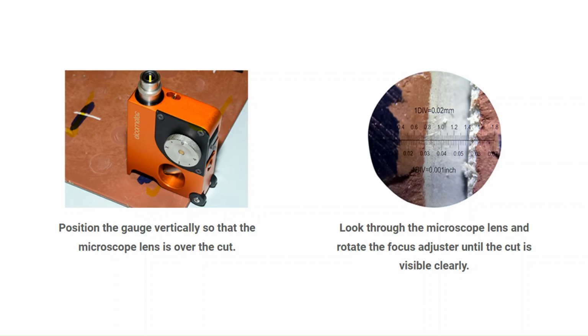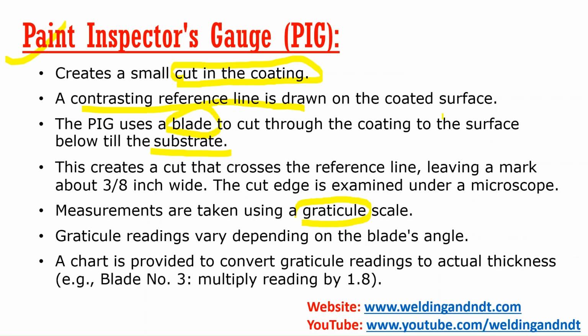After that, through the lens you will see the depth of that cut, and one graticule scale will be there. Through that scale you will have to measure the depth of the cut, and a chart will be provided to convert the graticule reading, the reading on the blade, and through that chart you will be able to come to a conclusion of the thickness of the coating.